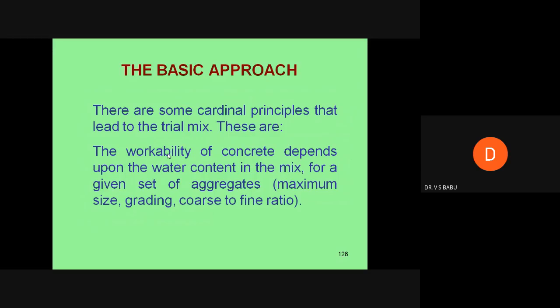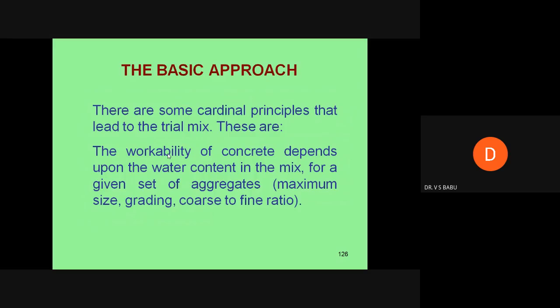But one thing is true: if you satisfy the workability in the fresh state, then only you have to think about the strength. If your mix is not at all workable, then there is no question of attaining strength on further dates. So before going to the concrete mix, you have to think of the workability first. Only for workable concrete do you go for the strength and durability aspects.